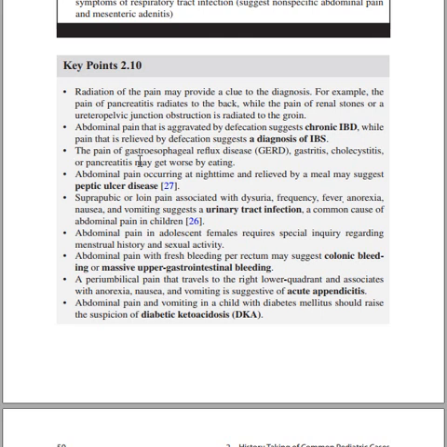So now you have that. Abdominal pain that is aggravated by defecation, you think of a chronic inflammatory bowel disease. While pain that is relieved with defecation suggests a diagnosis of irritable bowel syndrome.